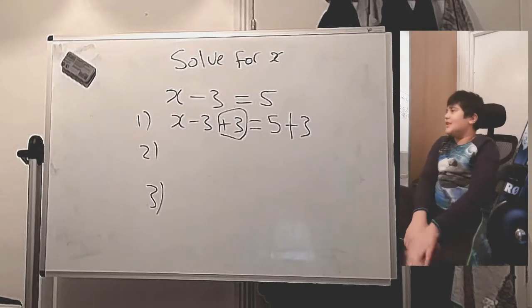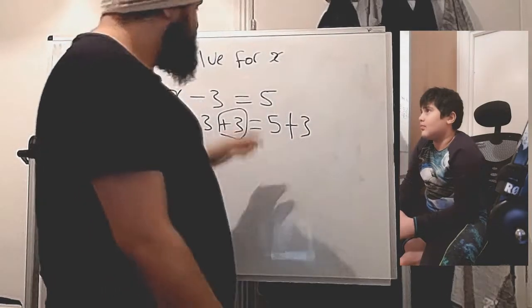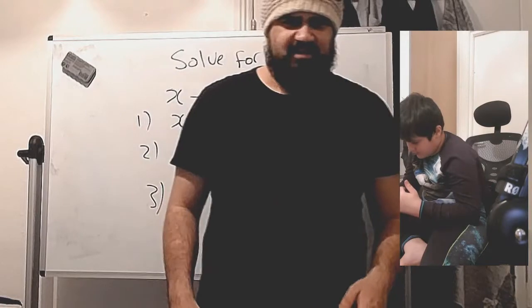Now, let me just give you a side note here. For anyone who's watching and they're a teacher, I've got one advice for you. Don't ever tell the students to take it to the other side or do the opposite to the other side. It's helpful for now, that's the easy way out for now. But later on, when he gets to do his GCSEs and stuff, that will not help him at all.